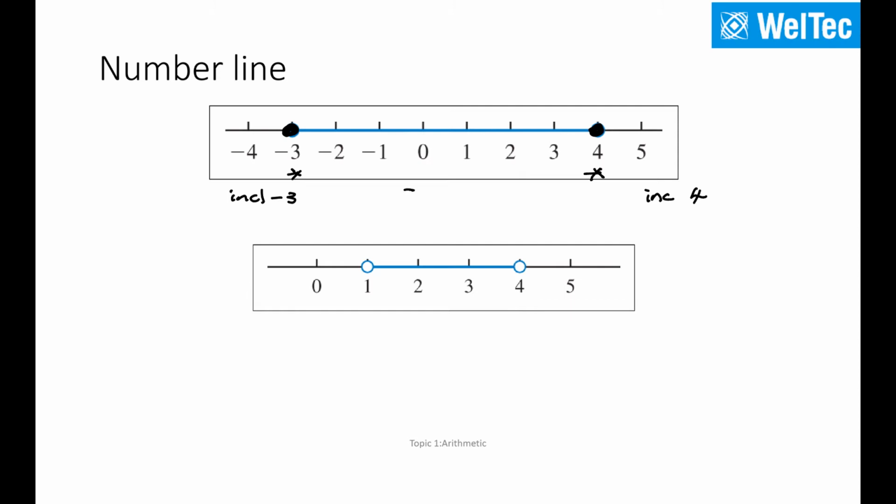We would write that in interval notation, and we would use square brackets to say that we were going to include -3 and square brackets to say that we would include 4. So this is interval notation.